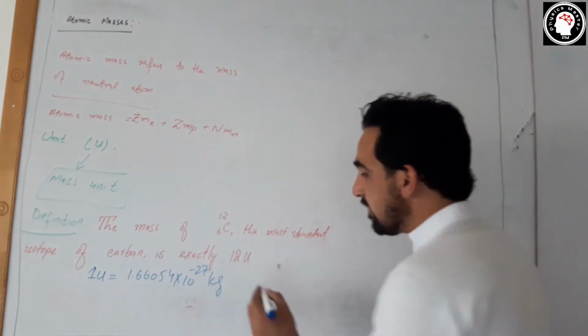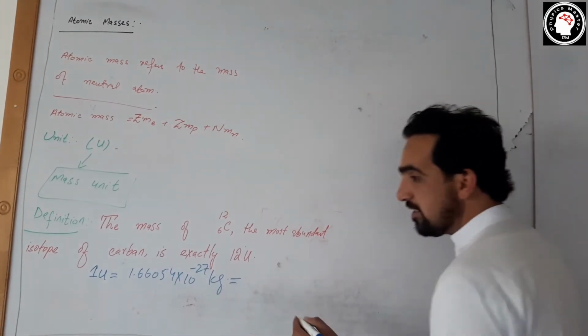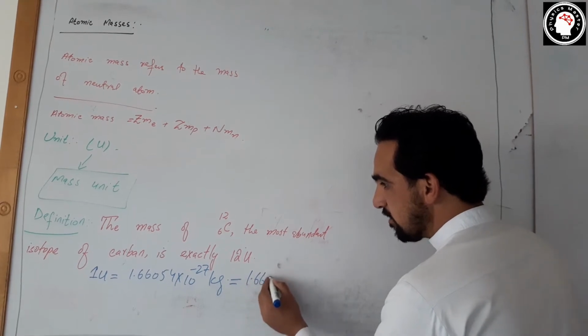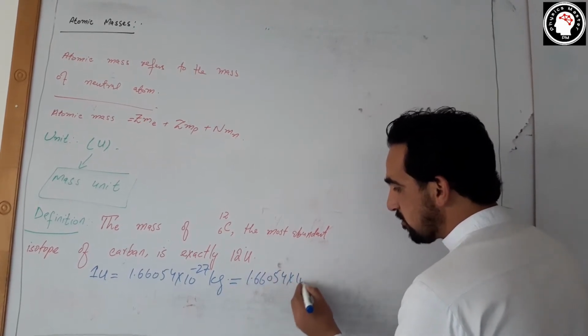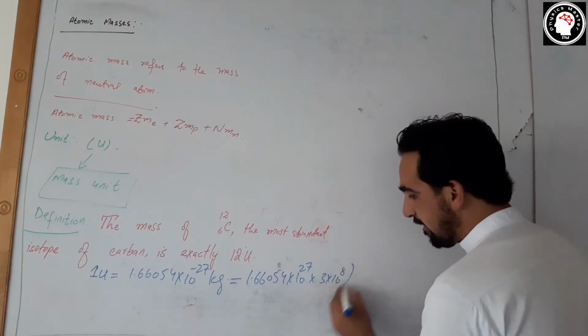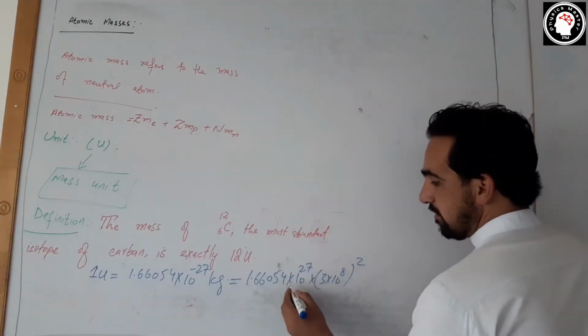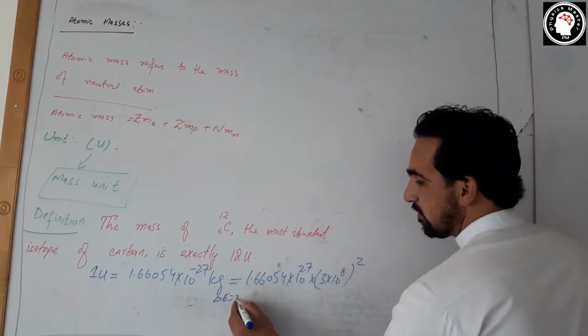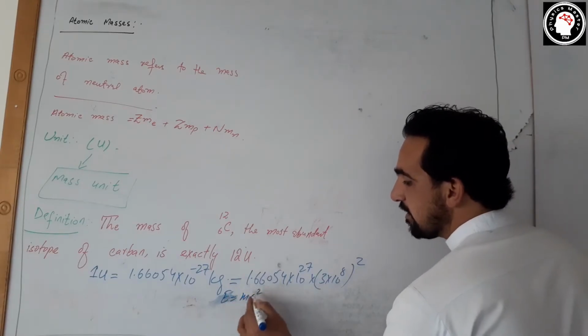We can convert this into energy equivalence: 1.66054 times 10 raised to power minus 27 multiplied by 3 times 10 raised to power 8 squared, from the equation delta E is equal to mc squared.